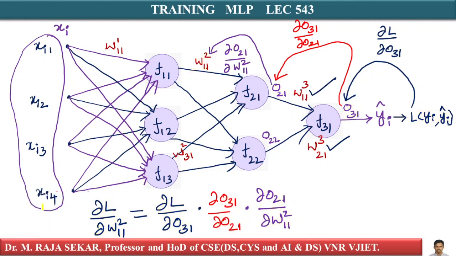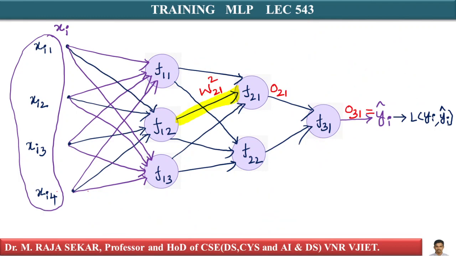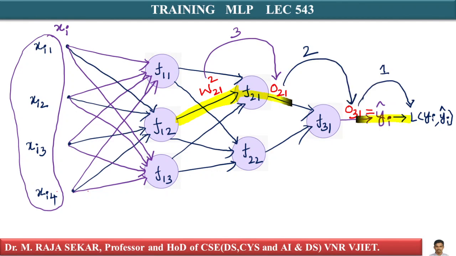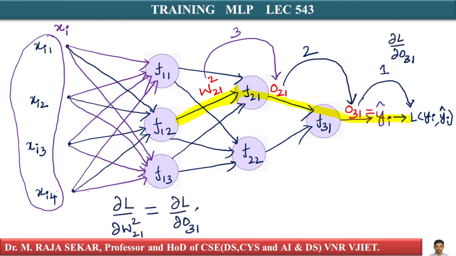Now, let me consider another weight, which is W221, going from F12 to F21. Let's calculate ∂L by ∂W221. It is a similar analogy. W221 will impact O21.